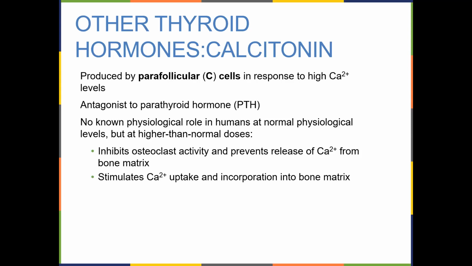It's supposed to inhibit the breakdown of bone, because if we ever find ourselves in a situation where we have excessive calcium in our blood, that's what calcitonin will do. It will take that extra calcium and put it into our bones. But we don't ever have excess calcium, usually. We shouldn't have excess calcium. It's very rare for us to have excess calcium.